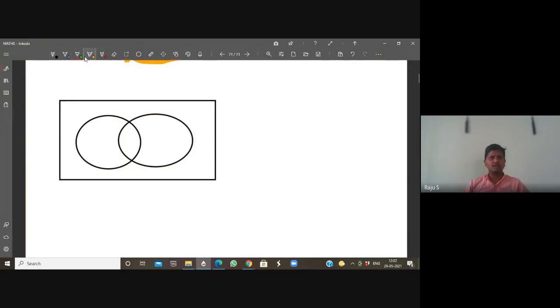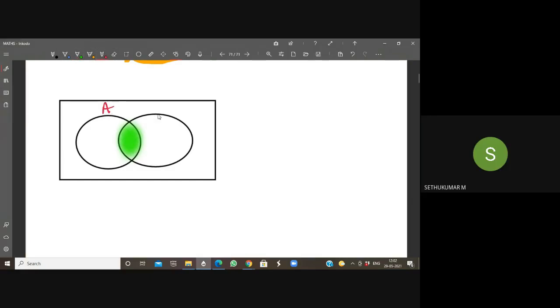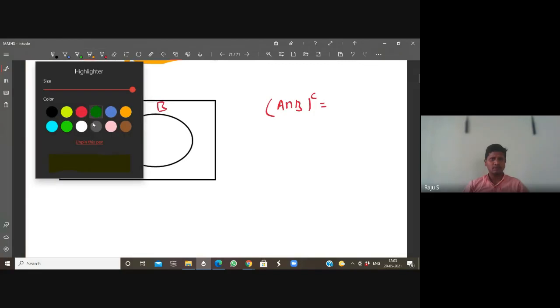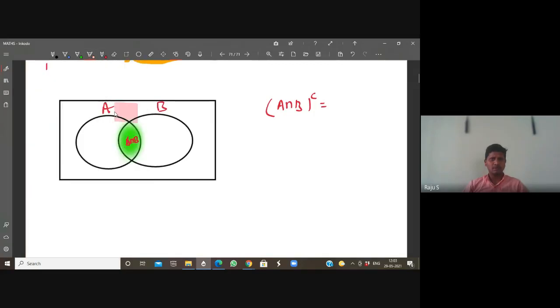What is the A intersection B region? This is the region A intersection B. Then (A intersection B) whole complement is the remaining whole region other than this region.